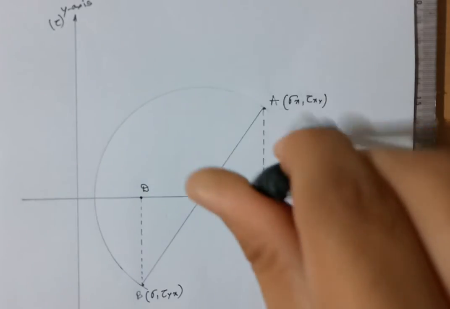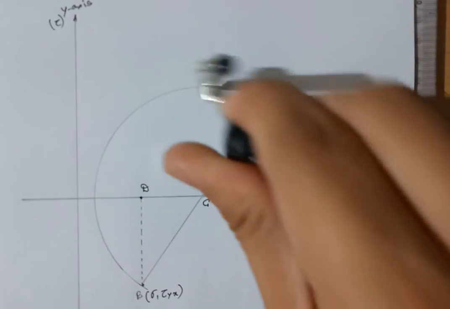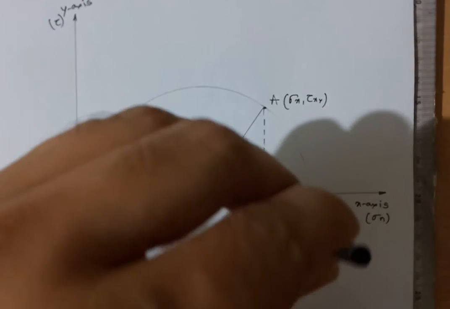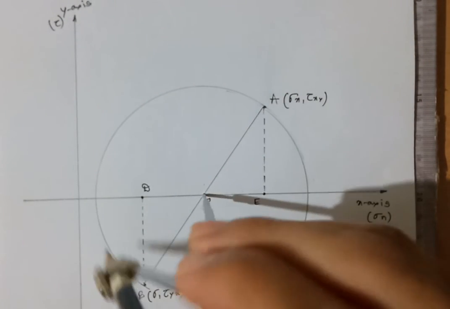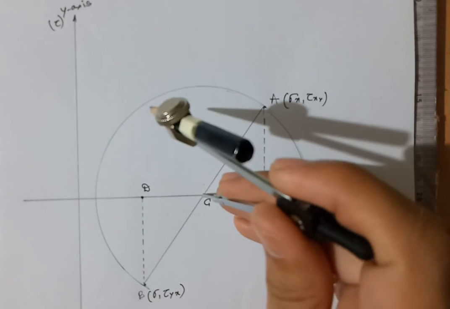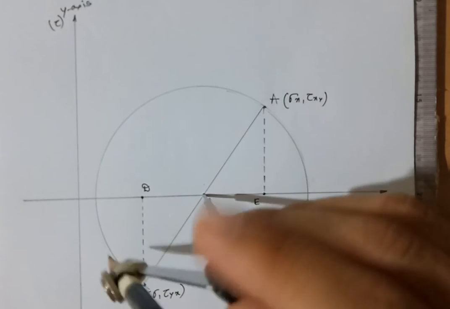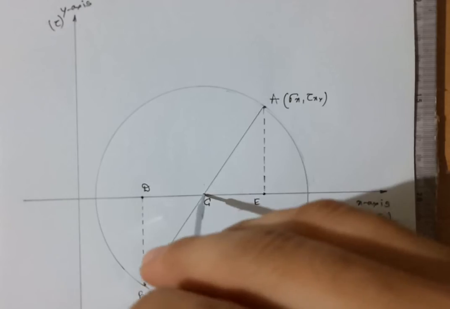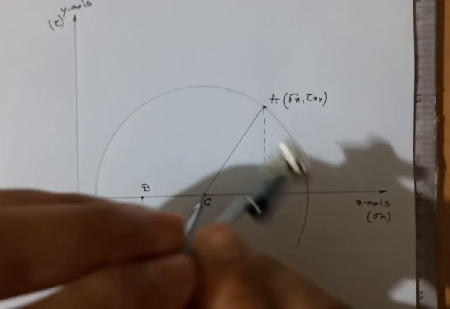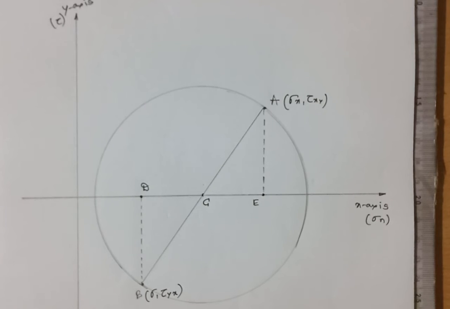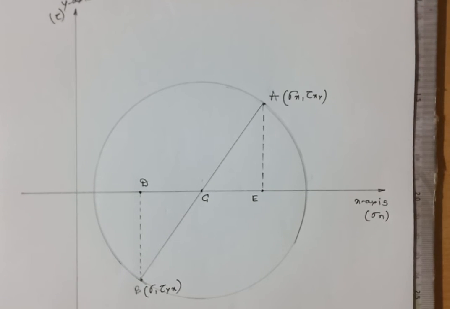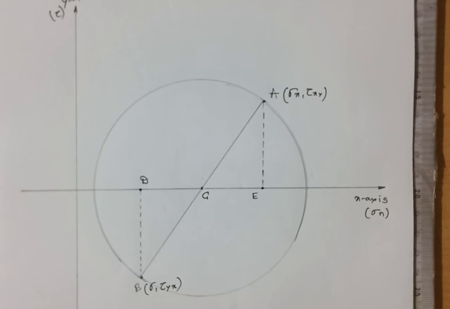With AC as the radius, you draw the circle, which I call the Mohr circle. Okay, right, so this is the circle what I have got. With AC as the radius, I have drawn the circle. Now what after that?